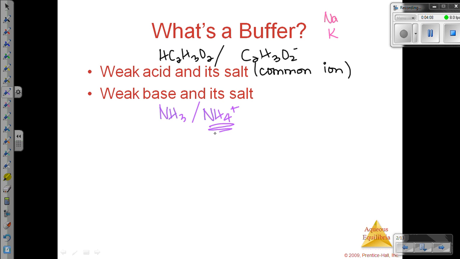And so ammonium is going to be the common ion, and that's also considered its salt. So it could be ammonium chloride, ammonium nitrate, the anion's not mattering so much as the weak base and its conjugate acid, or the weak acid and its conjugate base.